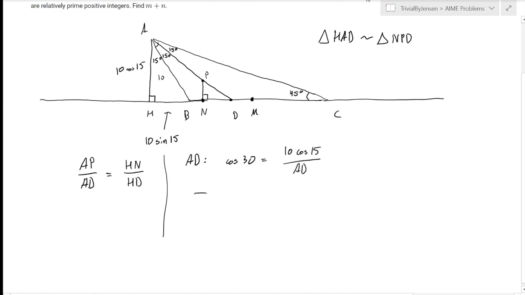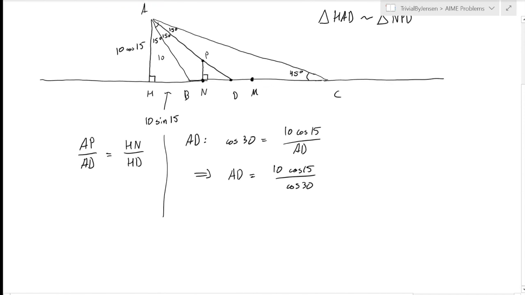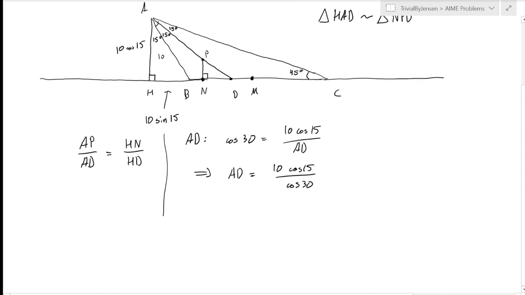Then solving, we get that AD is 10 cosine 15 over cosine 30. I'm not evaluating these right away, just in case some trig values simplify. So that's AD.